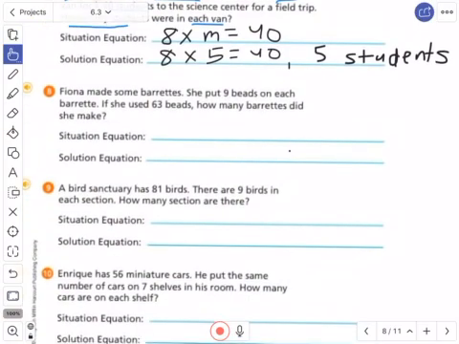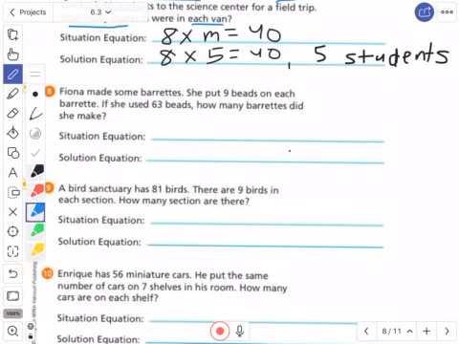I'm going to do number 9. A bird sanctuary has 81 birds. Okay, I'm going to underline that. There are 9 birds in each section. And it's supposed to say how many sections are there. Okay. What's each again?